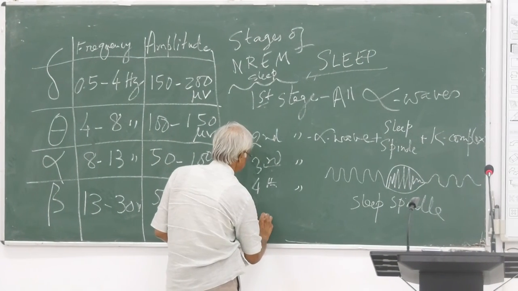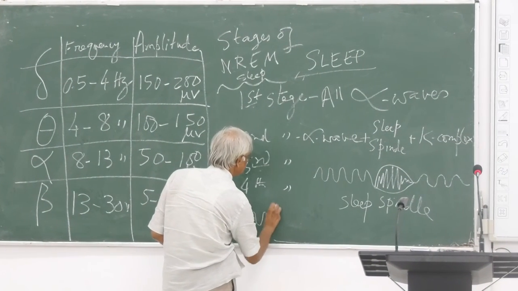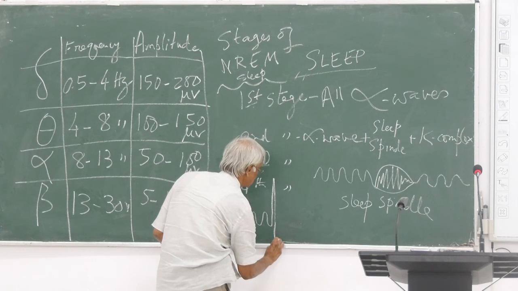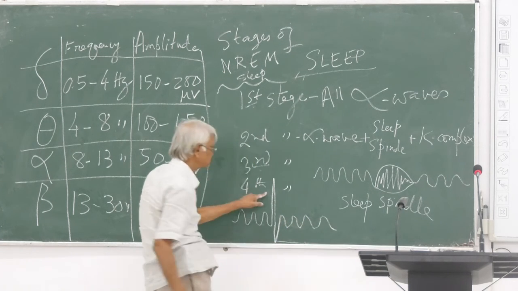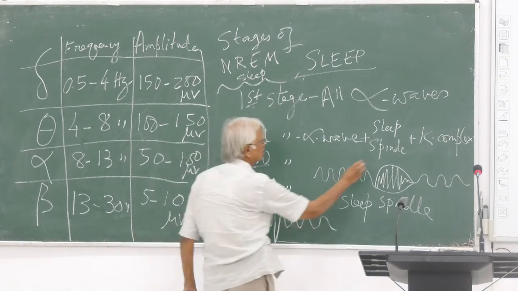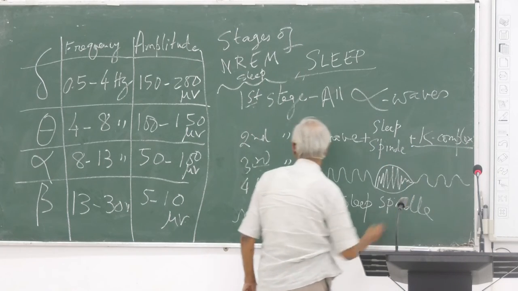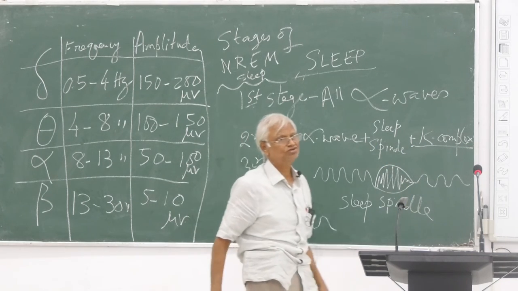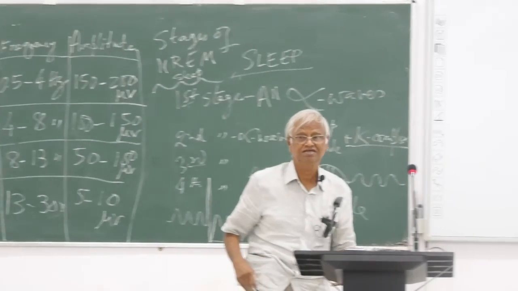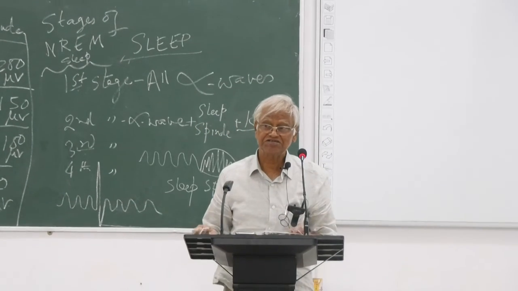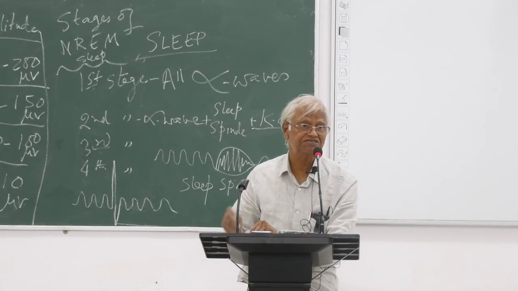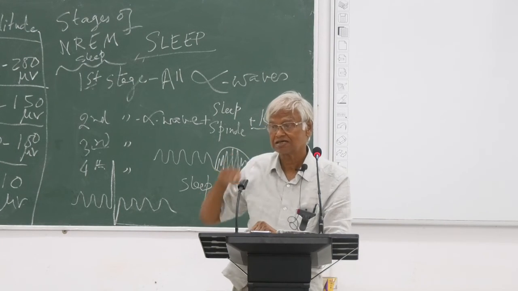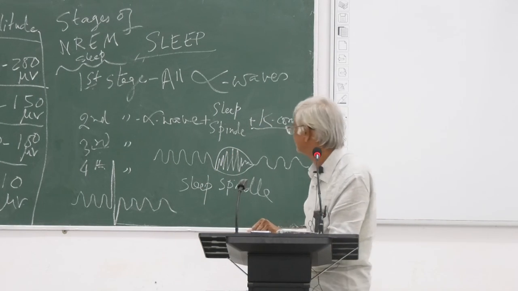One alpha, and suddenly one like this. Again. This is called K complex. So stage 2 is again alpha wave, but it is interspersed with occasional sleep spindles and K complex.